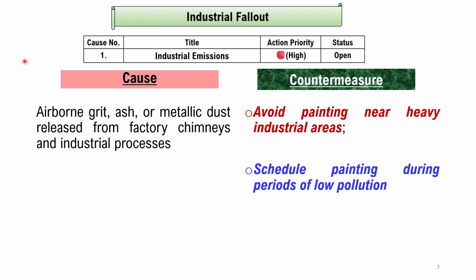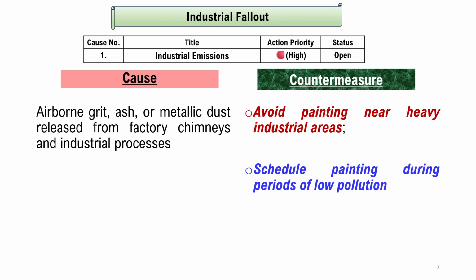Now coming to the causes and countermeasures. As we have discussed, number one probable cause is airborne grit, ash, or metallic dust released from the factory chimneys and industrial processes. What is the remedy for this?